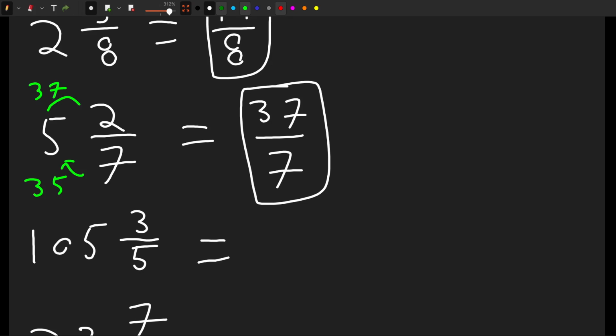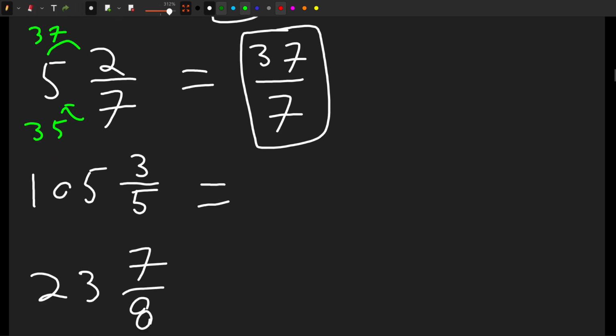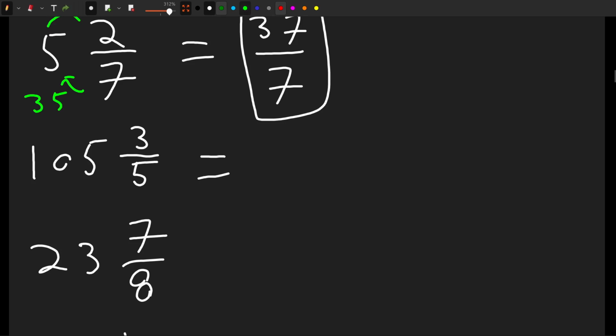Now on to a big one. 105 3/5. So 105 times 5. That's a big number. Well, we can work this out manually, and I'll go ahead and do that. There's also a little math trick you can do, but I'll work it out on the side here. So 105 times 5. 5 times 5 is 25.